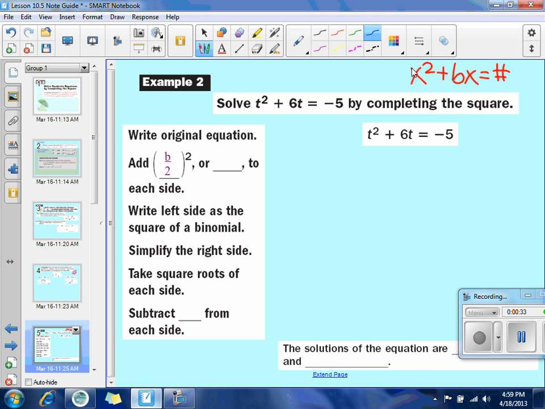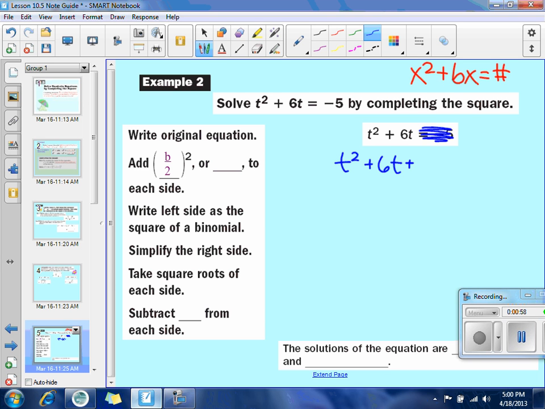Now, I'm going to pretend like I don't see this equals -5 because it doesn't help me complete the square. I'm going to figure out what I can add to t squared plus 6t to make it a perfect square trinomial. Perfect square trinomials are something squared plus 2 times those original values plus something else.